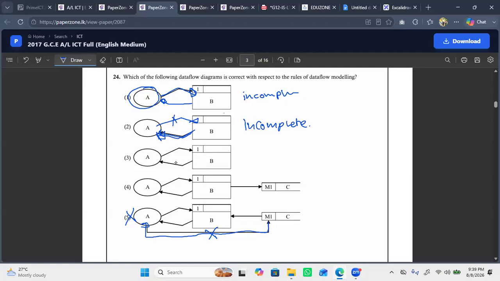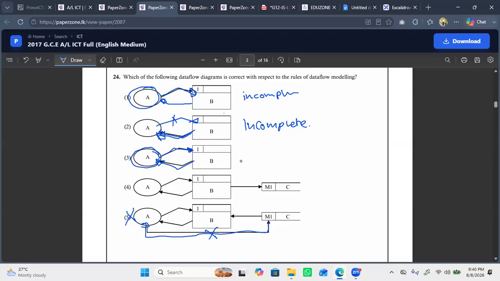Then this one seems fine. You give something and you get something. This is possible. But in real systems, we involve data stores. This is not wrong, this is correct.